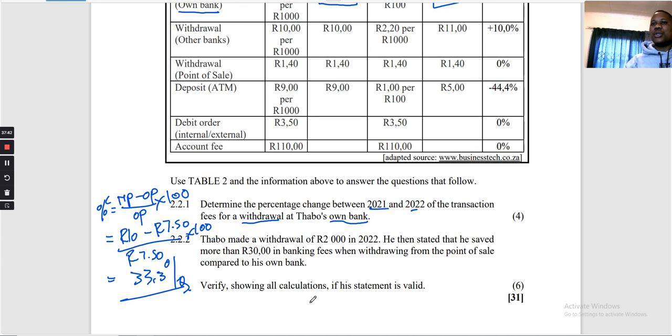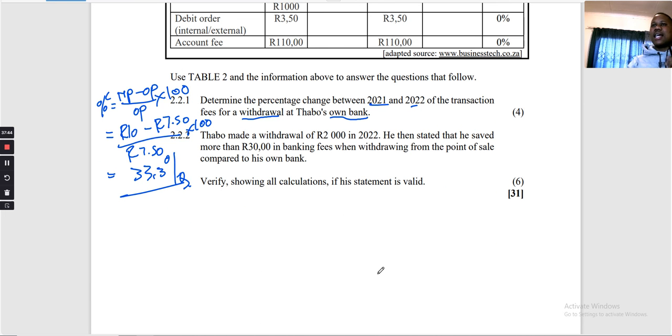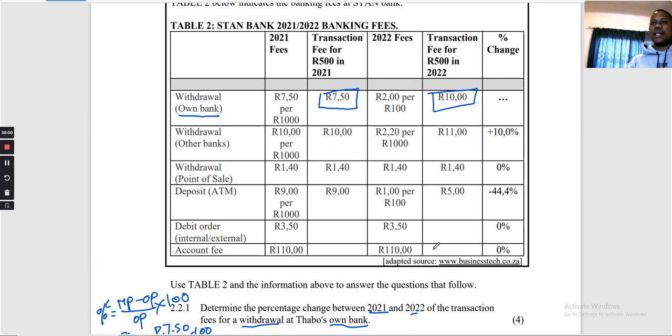Then let's go to the last one of 6 marks. They say Tabo made a withdrawal of 2,000 in 2022. He then stated that he saved more than 30 Rand in banking fees when withdrawing from the point of sale compared to his own bank. Where is the point of sale? Here is the point of sale.